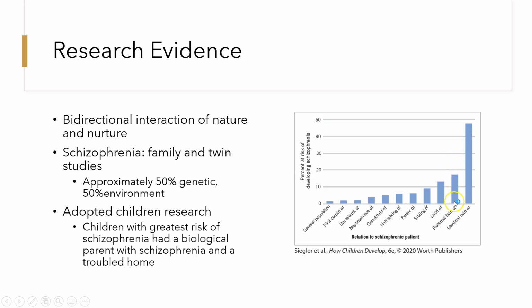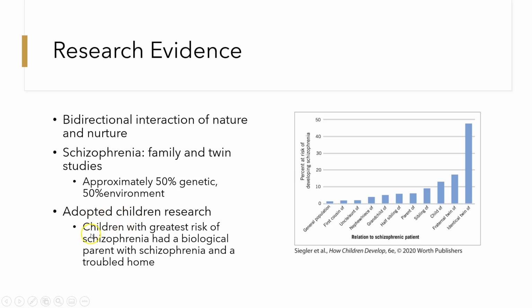And then you can see here that the fewer genes in common somebody shares with a person with schizophrenia, the lower their risk. This is a pattern that shows us there is a genetic component to developing schizophrenia, but it's not 100% genetic. Also, we do adoption studies in developmental research.